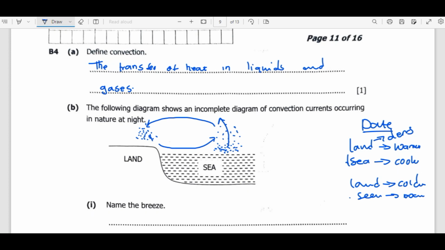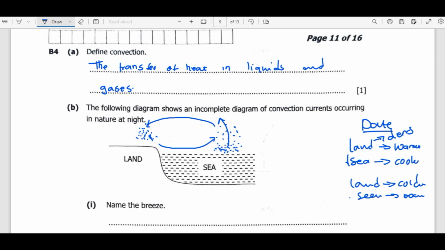Whenever we look at the convection current, we are looking at the movement where warm water or air will rise, while cold water or air will go to the bottom. That is the concept that we are looking at here. From here we can see that the air is coming from the land going to the sea.